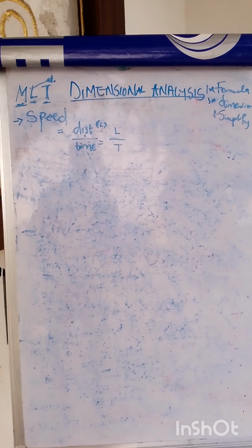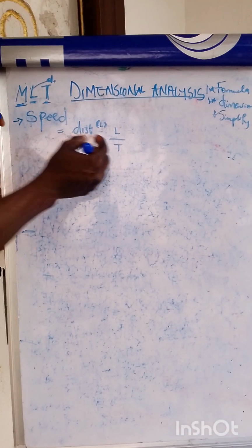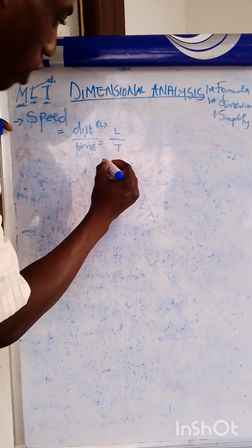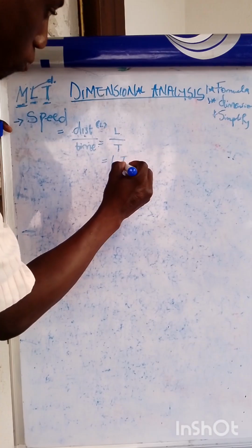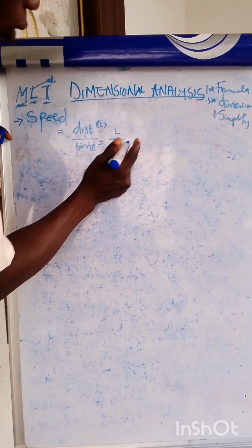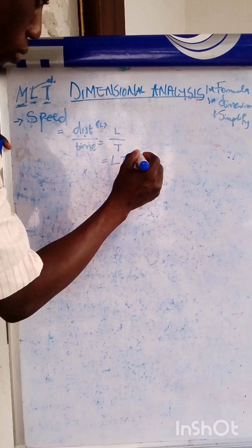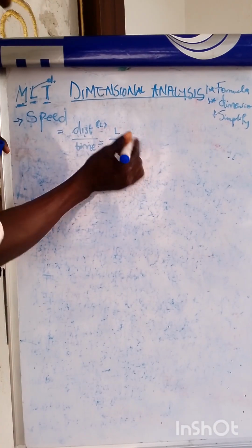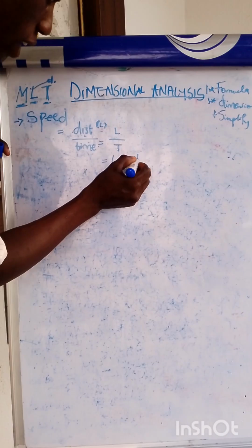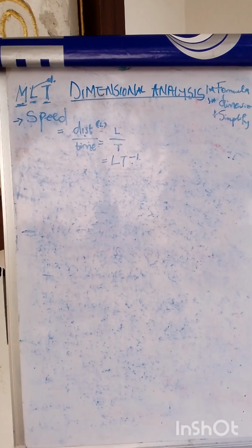Now, if the T is going to go up, it will become LT, and the T going up becomes -1. Are you with me? So that's that for speed. Let's do that of velocity.